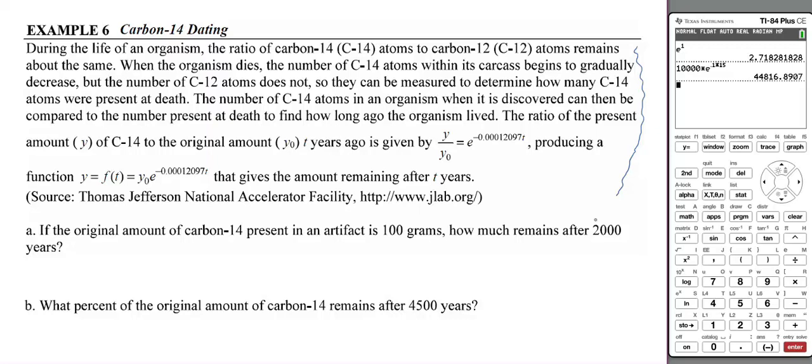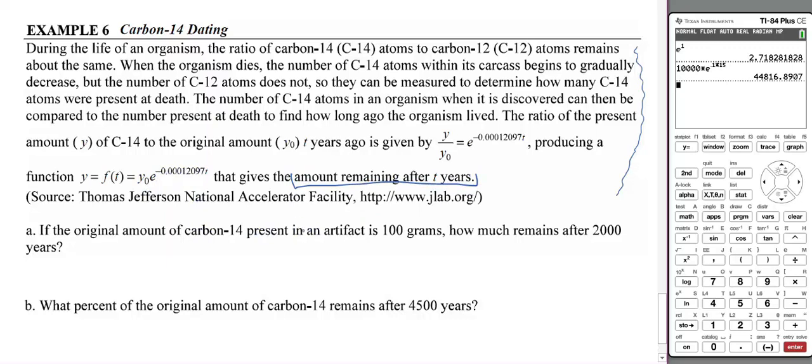The ratio of the present amount, which is Y, of carbon-14 to the original amount, which is Y sub O, T years ago, is given by Y over Y sub O equals e to the negative 0.0001297 T, which produces a function f of t equals Y sub O e to the negative 0.0001297 T. That gives the amount remaining after T years.